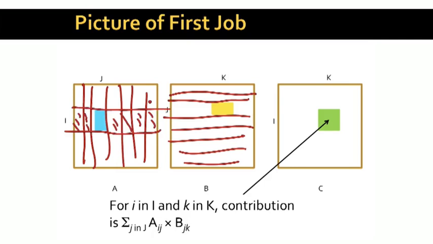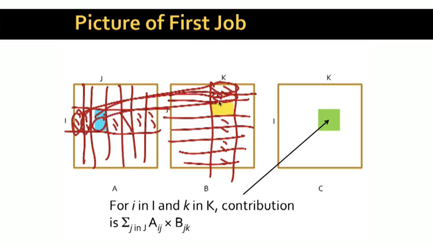And there'll be a lot of corresponding yellow rectangles. Each blue rectangle pairs with the corresponding yellow rectangle, like this, and they each contribute to the same green rectangle. So all the second MapReduce job does is to sum the corresponding contributions to the output Cik from the different sets of indices J.